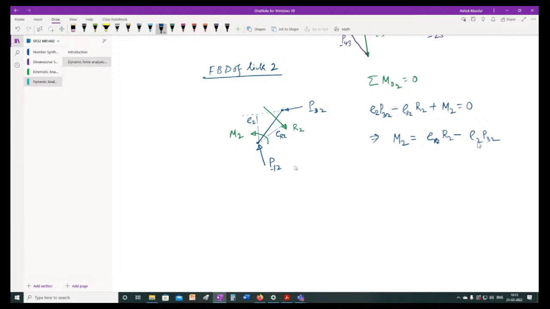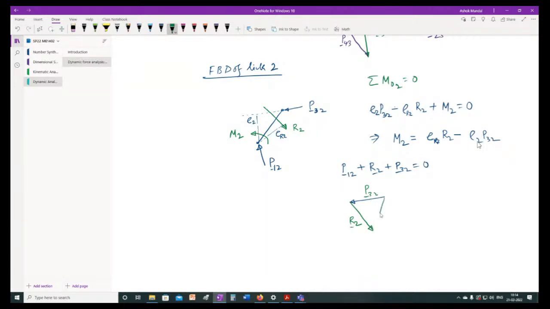Also, from here you can write down this equation: the vector sum must be equal to 0. P32 is known to you, that is this vector. R2 is known to you, that is this vector. These two vectors are known.